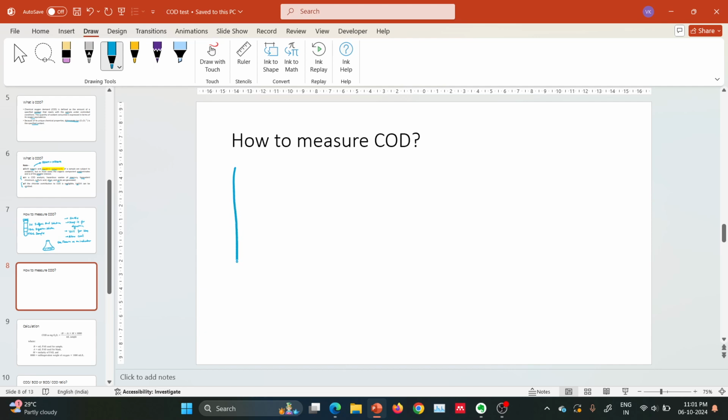So in the burette, take FAS, ferrous ammonium sulfate, which is a reducing agent.